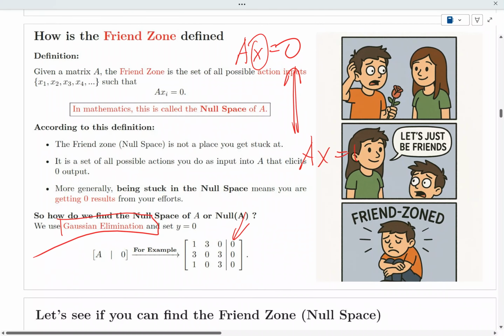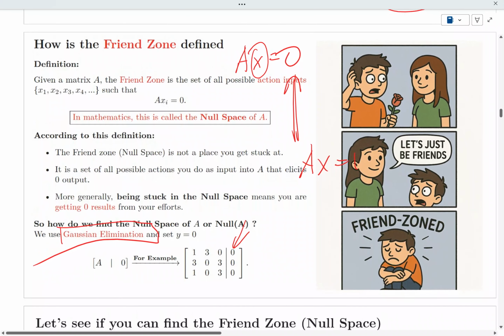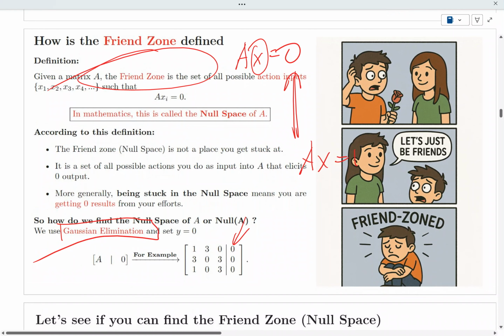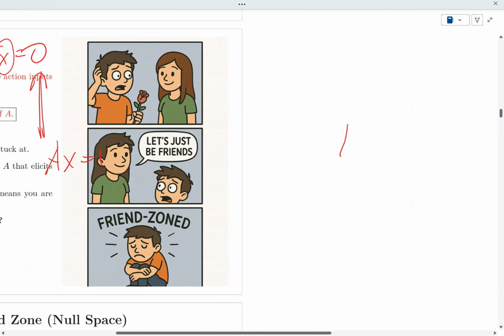Okay, so you can kind of see this, and the null space has lots of different interpretations. Another interpretation could be, let's say you are this matrix, and this is how they act, X, and then the output is interpreted differently.